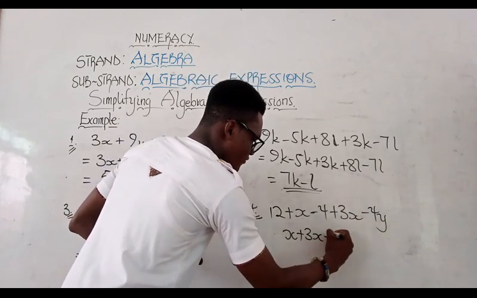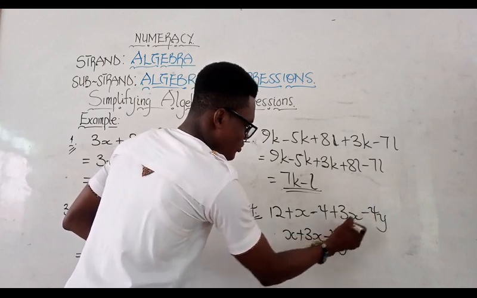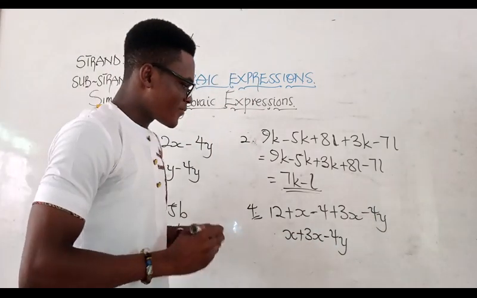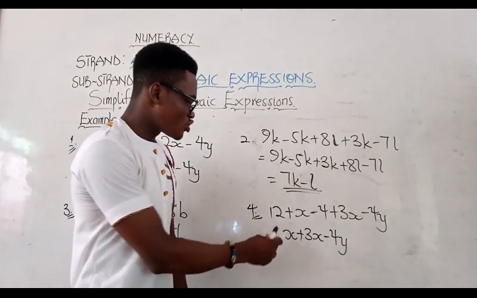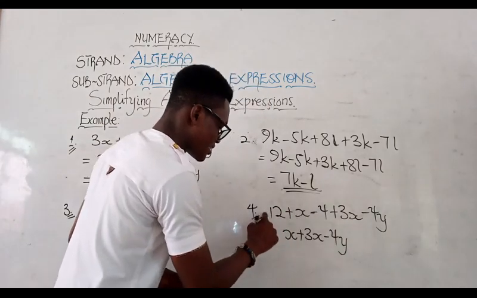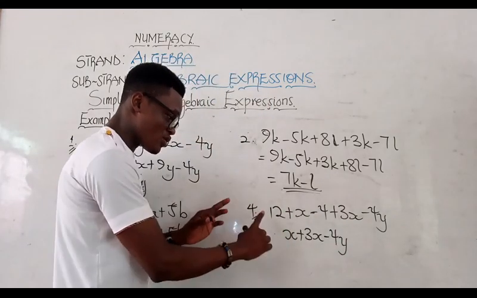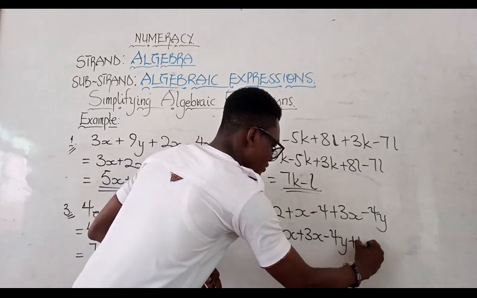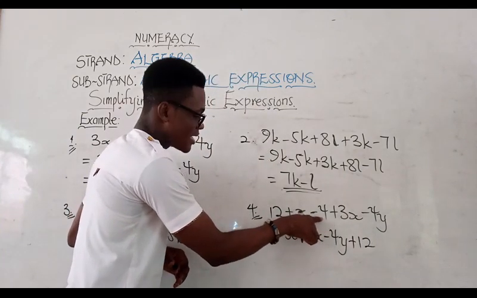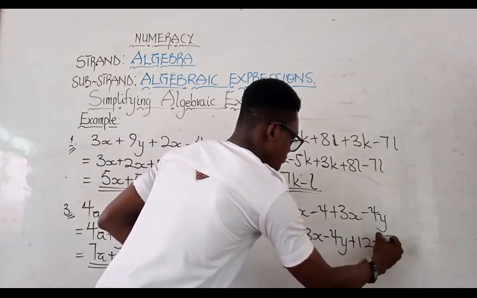So you bring up negative 4y. If it is plus, you bring plus, so it's minus 4y. Then from there, is any term with y? No, we have 12, so plus 12, since there's no operation sign, the number is signed, so it means plus. And then minus 4, negative 4.